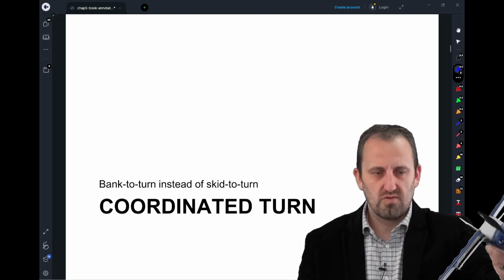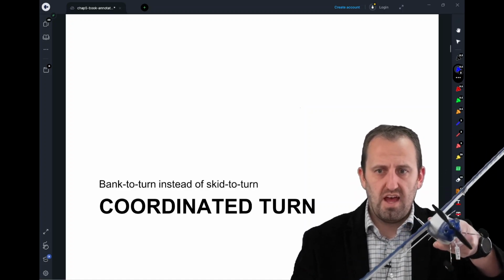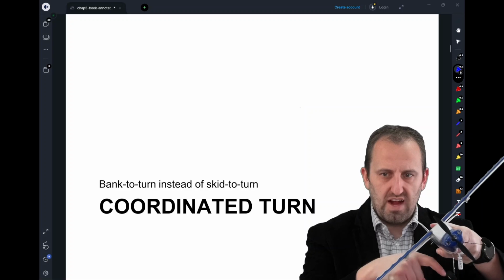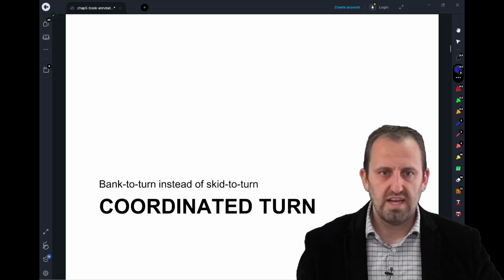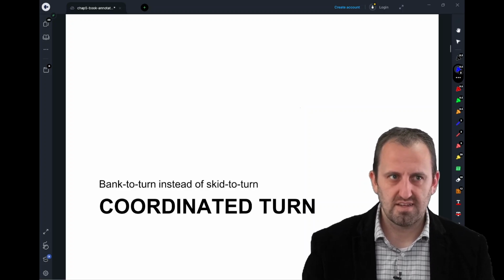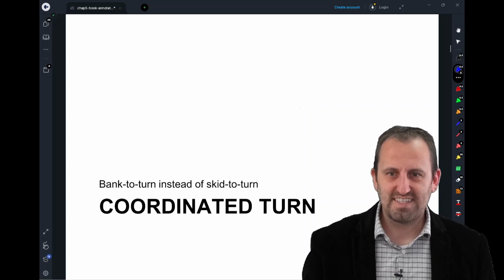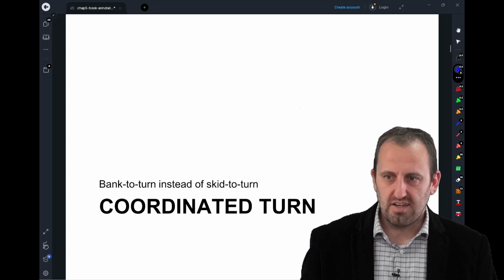It's a really fantastic way to turn. All of the forces are going into the floor, and it's much more comfortable for passengers. It also allows us to keep a small side slip angle.